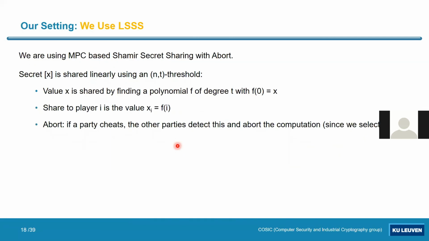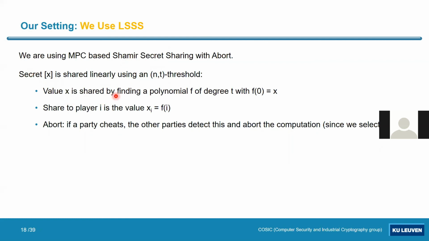Our linear secret sharing is Shamir secret sharing with abort, which means we have a secret which is linearly shared using an entity threshold. N is the number of parties, T is the number of malicious parties. In Shamir secret sharing, we have T less than N over 2, which means the number of malicious parties should be less than half of all parties.